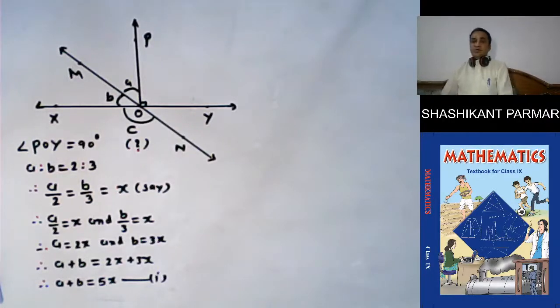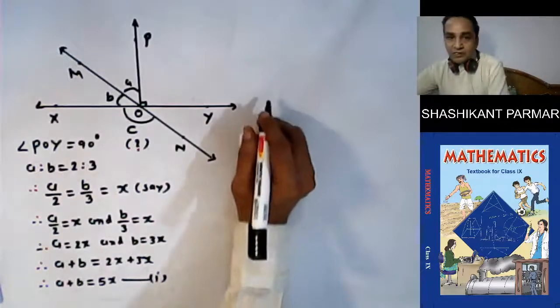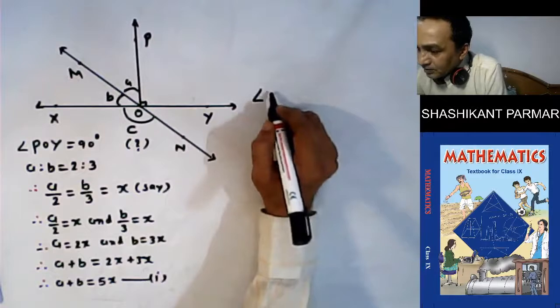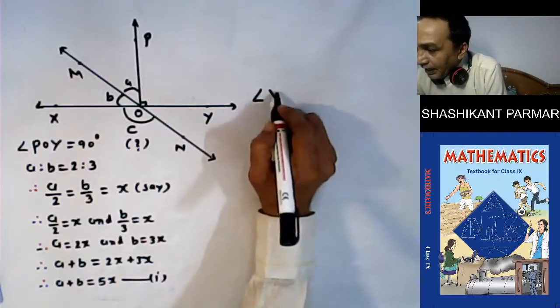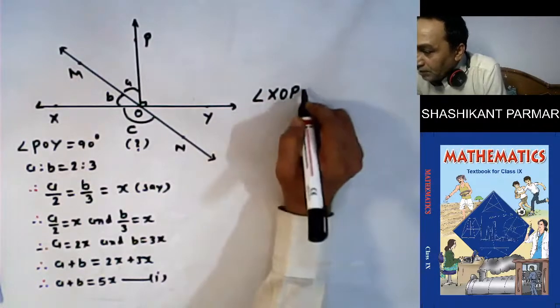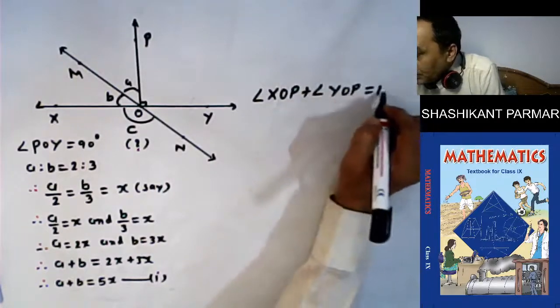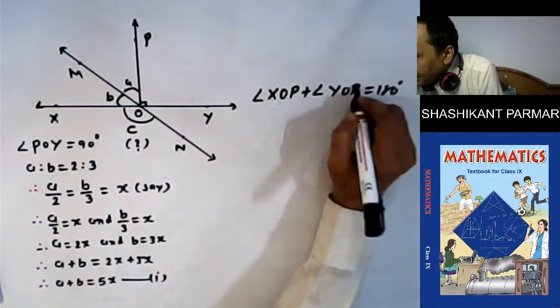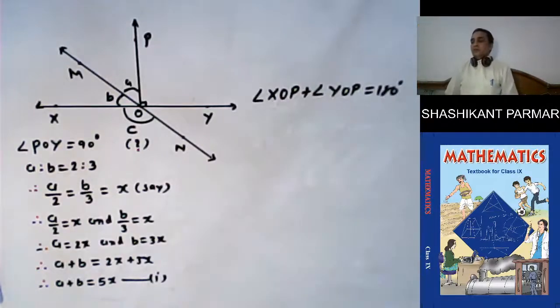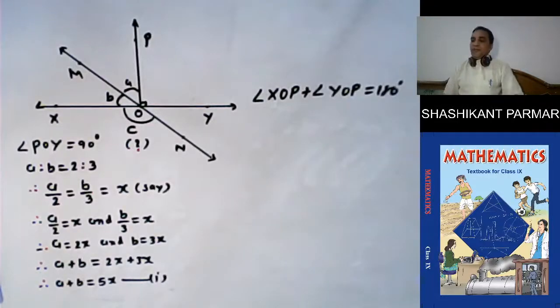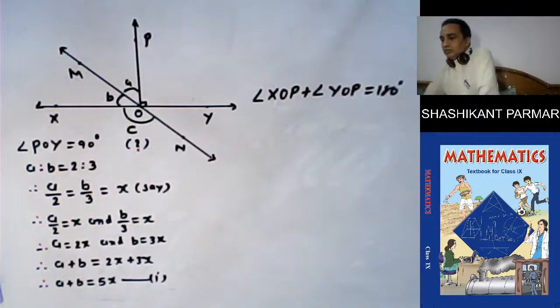Now from the figure, angle XOP plus angle YOP is equal to 180 because it is a linear pair.